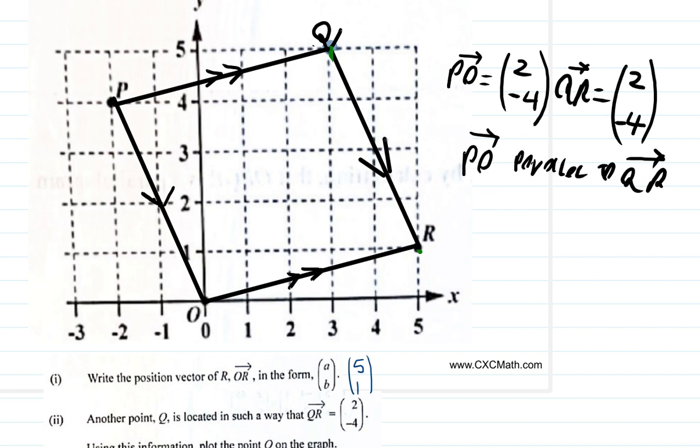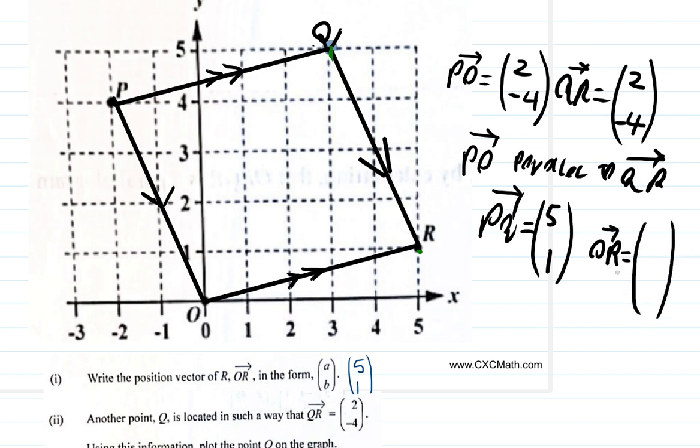What about PQ now? PQ, what is the vector PQ? Right? PQ, horizontally you would move 1, 2, 3, 4, 5 to the right and 1 unit up. So PQ is 5 horizontally and 1 upward vertically. What about OR? The vector OR, what is it?